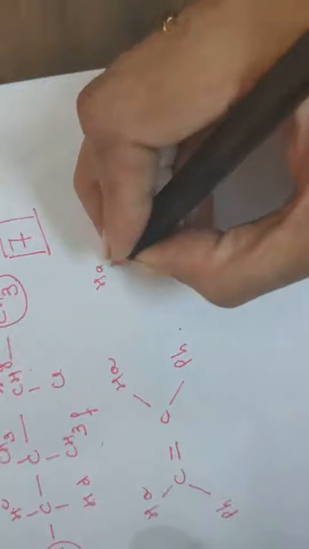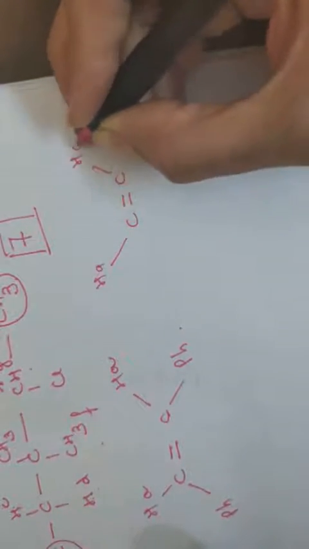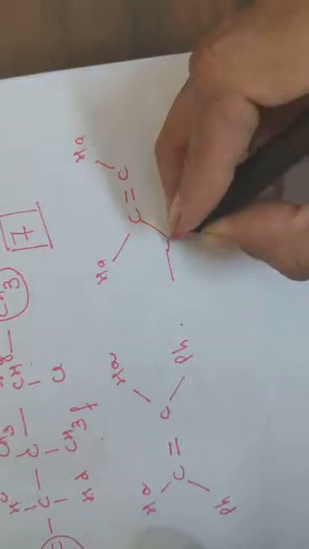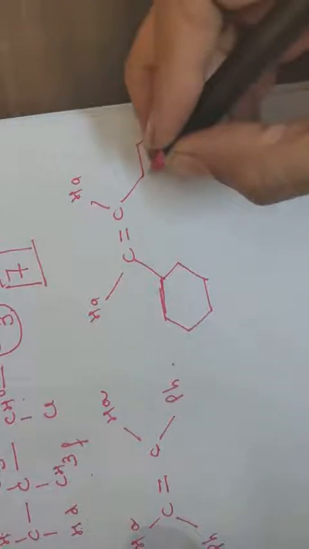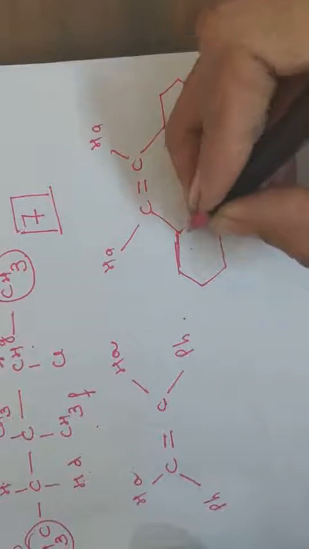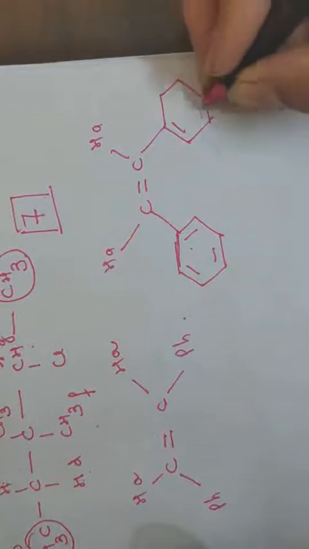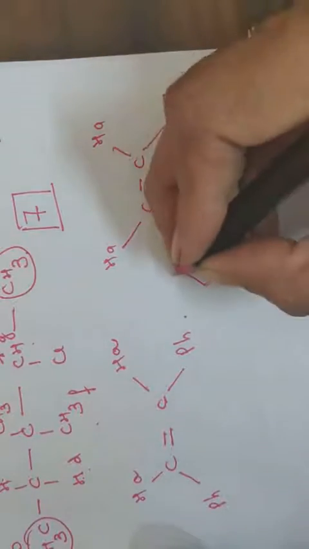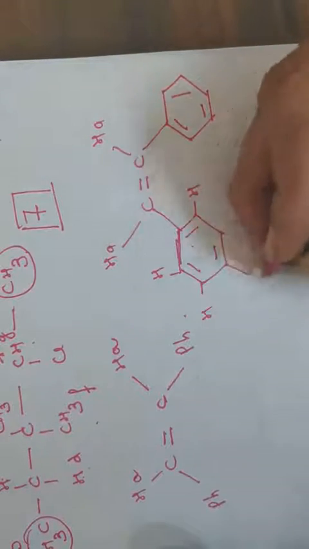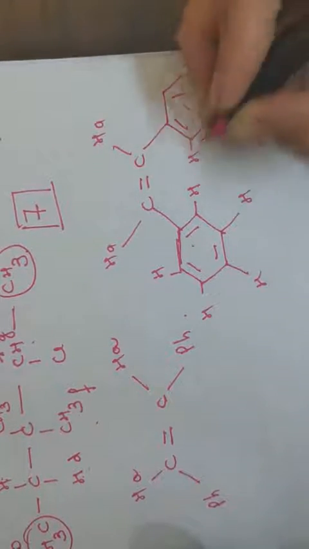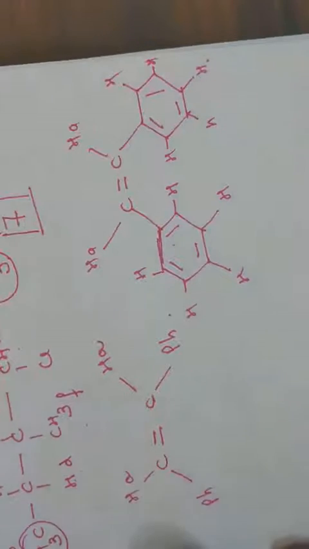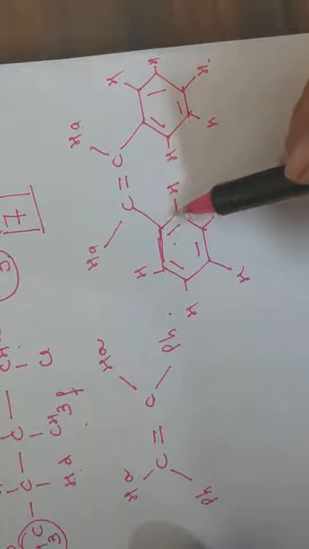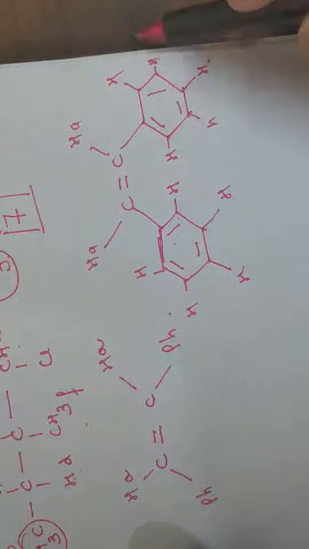1 signal? No. This phenyl group can be written out. Now if you look at this carefully, the environment of this phenyl group is the same as the environment of this phenyl group.